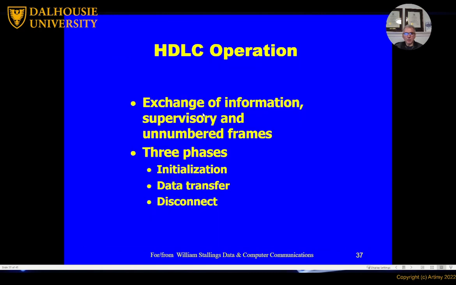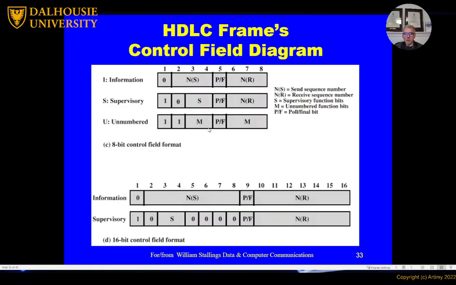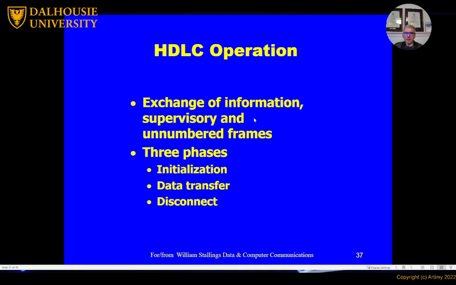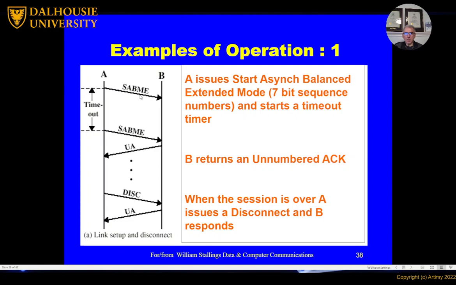Remember we have M here, so each sequence of bits represents a function. One of these functions is SABME, which is start async balanced extended mode, right? So A wants to start this mode, so it starts sending a frame that has the control field SABME, and it keeps sending until it receives an unnumbered acknowledgement.